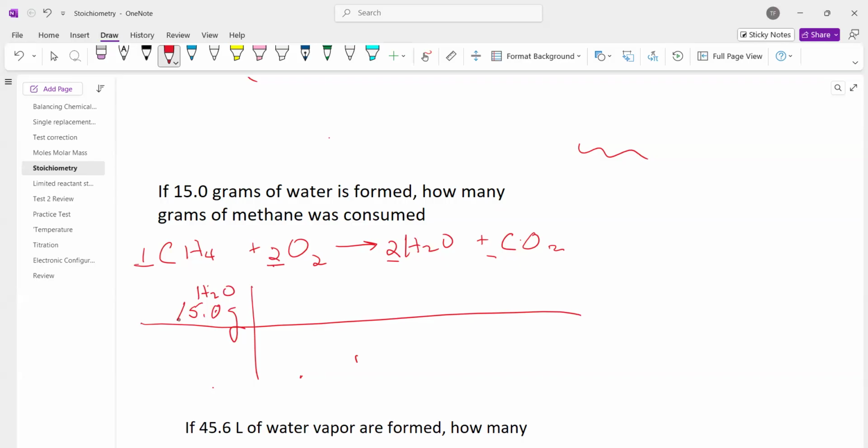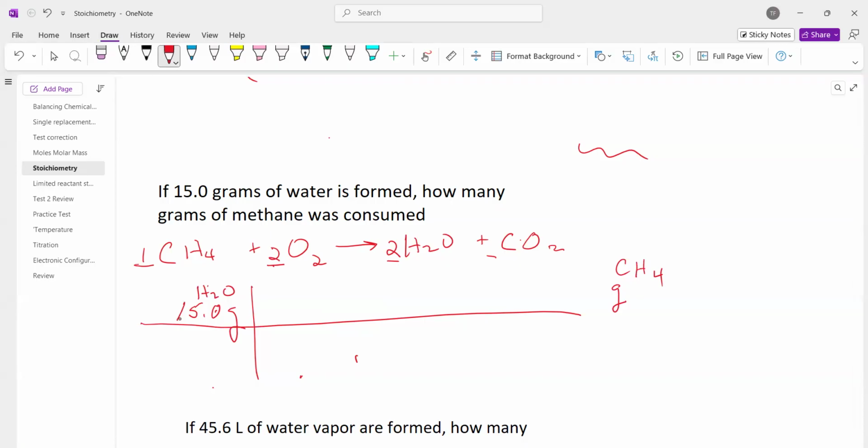I'm drawing a big long line because that's the fraction bar that extends all the way across. Okay, so what are we trying to calculate? Grams of methane.